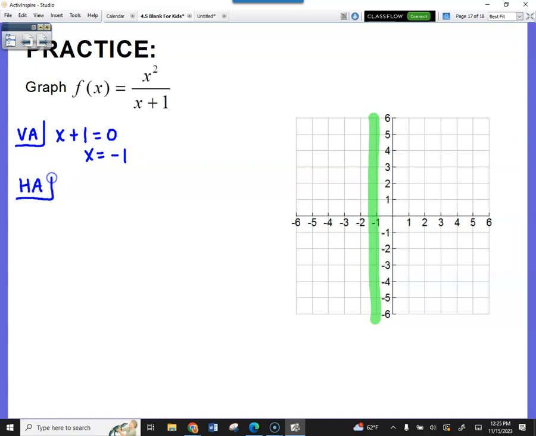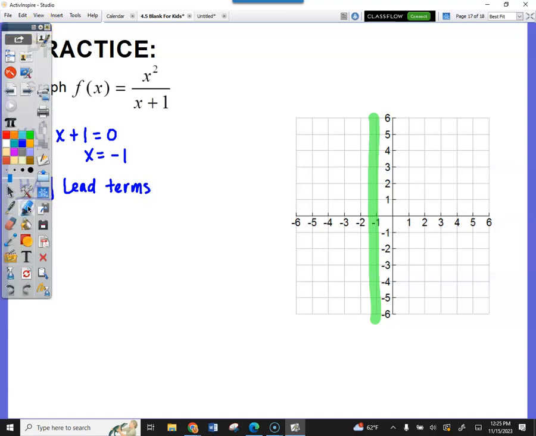Stay with me. Just a little reminder, the HA is a check of your lead terms. You're checking the degrees. In this case, the numerator is greater than the denominator, which means there is no horizontal asymptote.